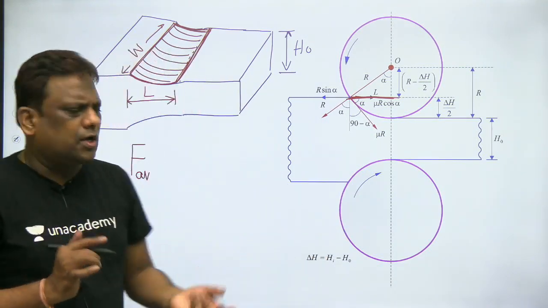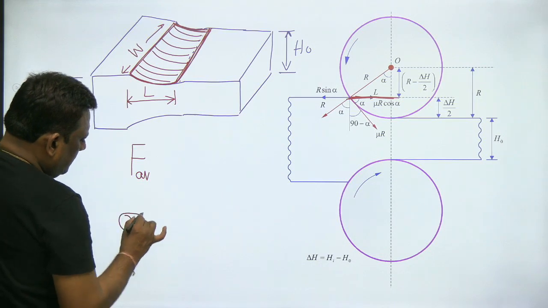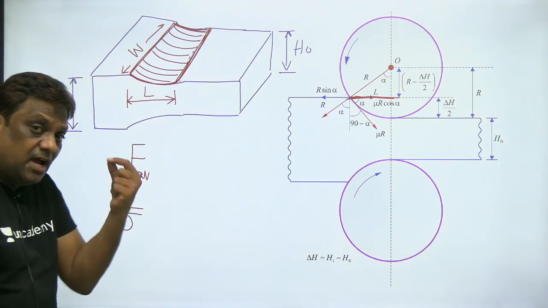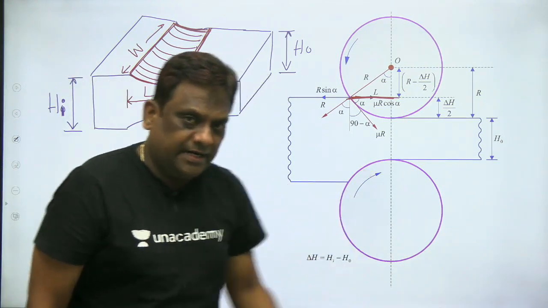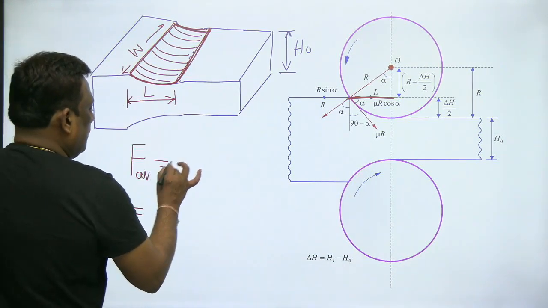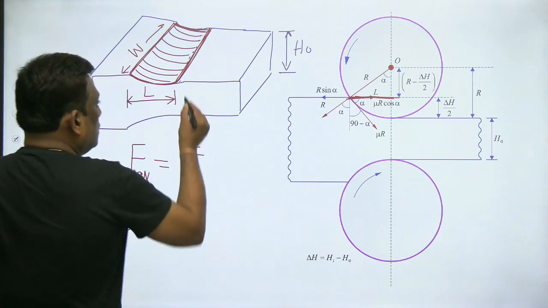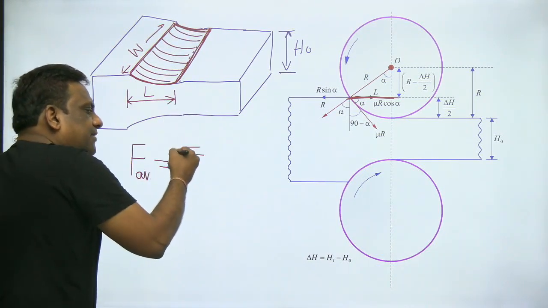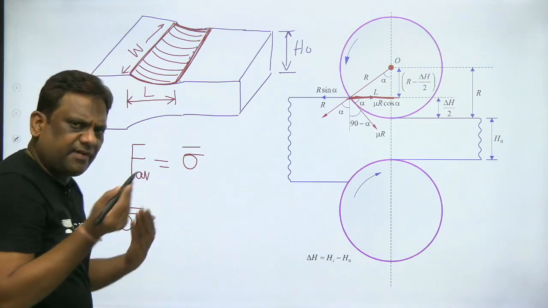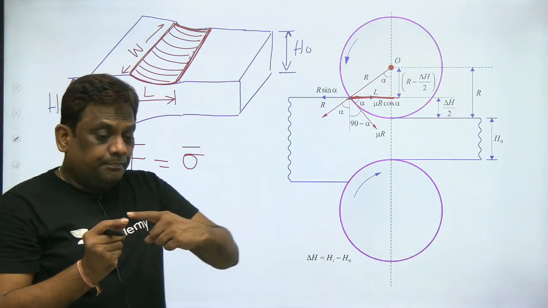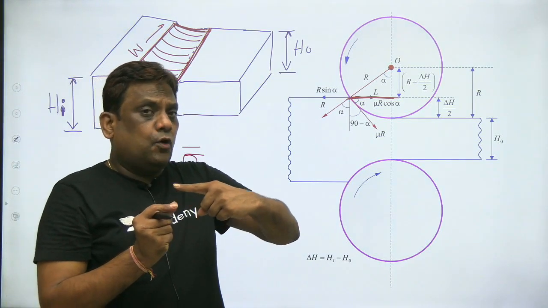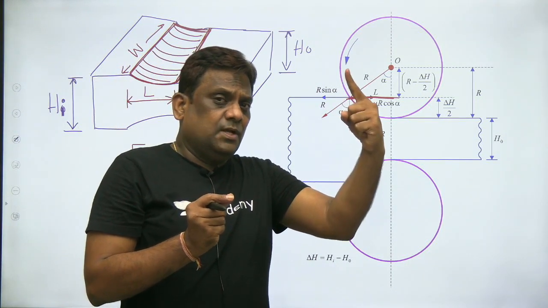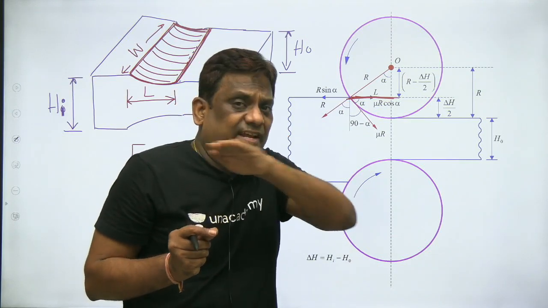You already calculated sigma average. If the flow stress is sigma average, in the first class we have already calculated, this will be equal to sigma average throughout this area. Let us assume the average flow stress is sigma. Actually, due to strain hardening, the flow stress is different at different instants and positions. That's why we calculated the average.